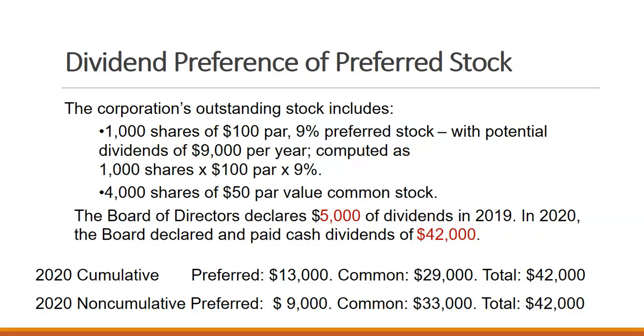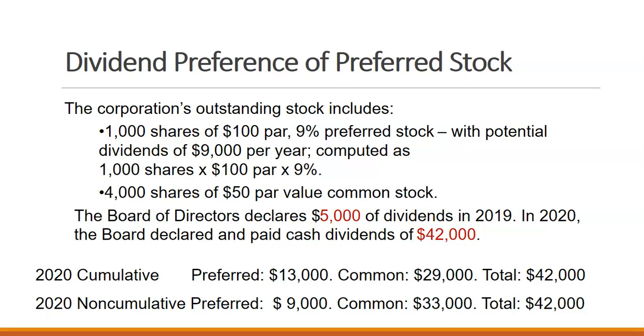If that preferred stock is cumulative, in the next year we would have to pay everything we didn't pay the previous year before common stockholders received any. So underneath here we see if it's cumulative, we paid $5,000 of that $9,000 in 2019, which in 2020 we have to pay the rest of that $9,000 and another $9,000, and then whatever is left can be distributed among common stockholders.